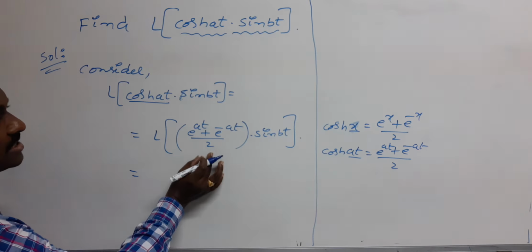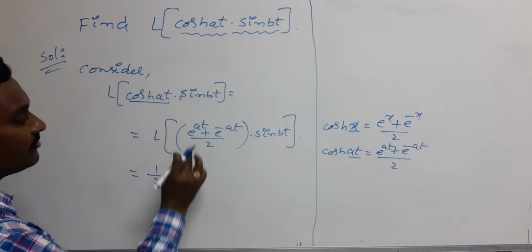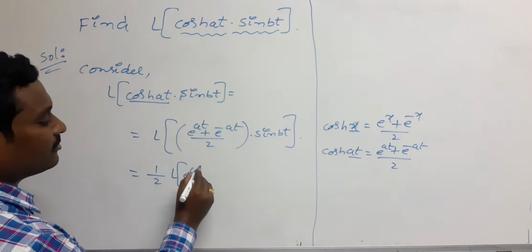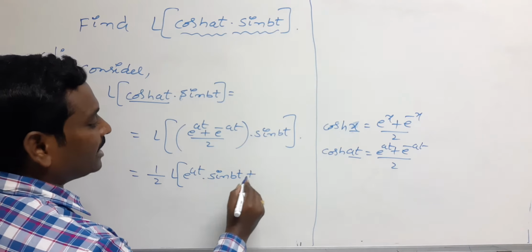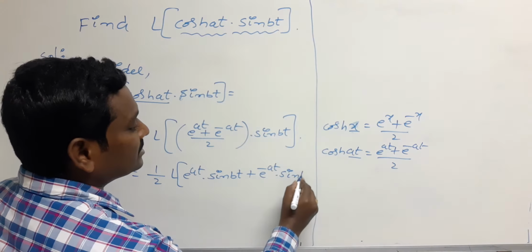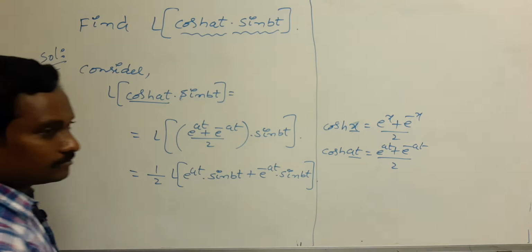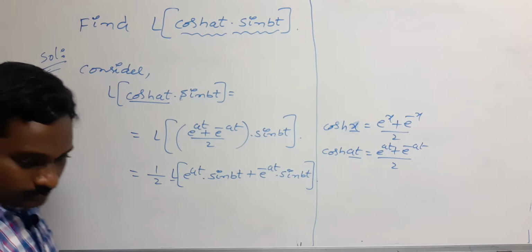1 by 2 is the constant term, take it outside from the Laplace, 1 by 2 into L of, split the terms, e power at into sin(bt) plus e power minus at into sin(bt). Again by using the linear property, separate the terms.